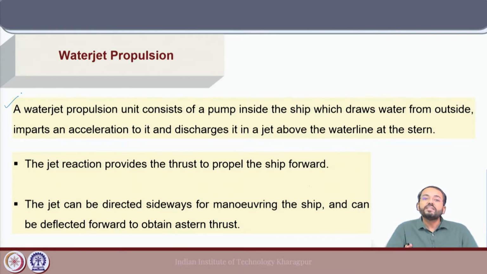So, this waterjet propulsion system provides excellent maneuverability to the vessel, and that is one of the prime features for which waterjet propulsion system is employed on certain types of ships.